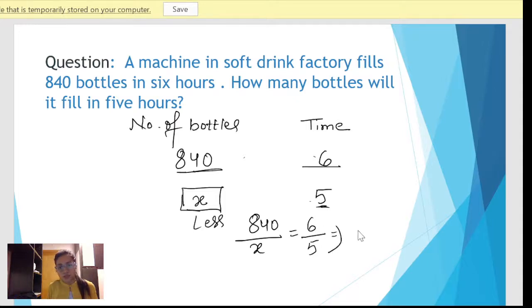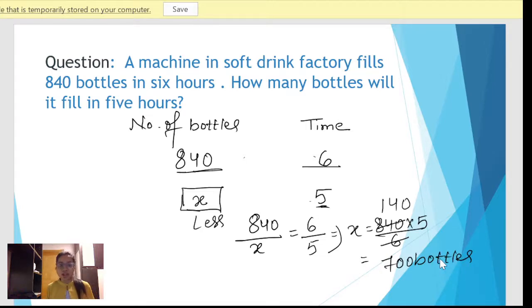And here the value of X you will get as 840 into 5 by 6, which is equal to 700 bottles. So in 5 hours the machine is filling 700 bottles. Very simple. In the same pattern we'll understand one concept from the inverse case, and then we'll solve one problem.